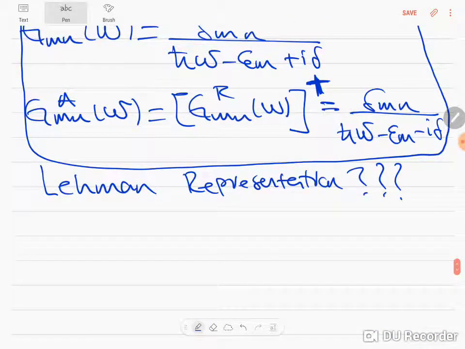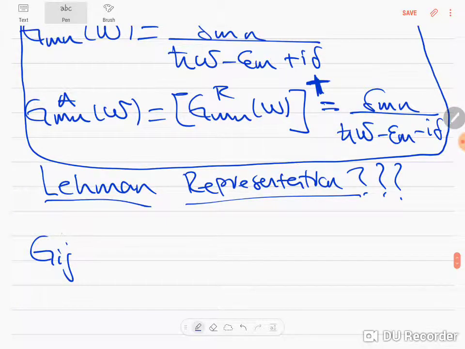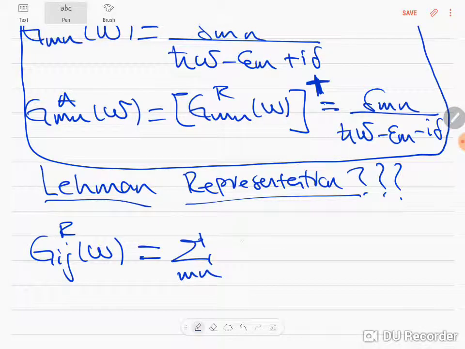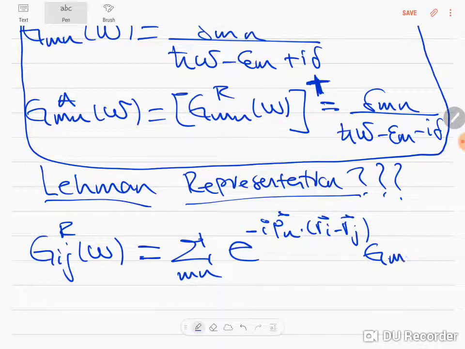Something else that I can mention before we move on to the Lehmann representation: we can go to the psi basis for the Green's function like this. So this spectral representation will be equal to the summation over m, n, i, j of some plane wave coefficient, e to the minus i p_n dot (r_i minus r_j), times G_mn retarded of omega.